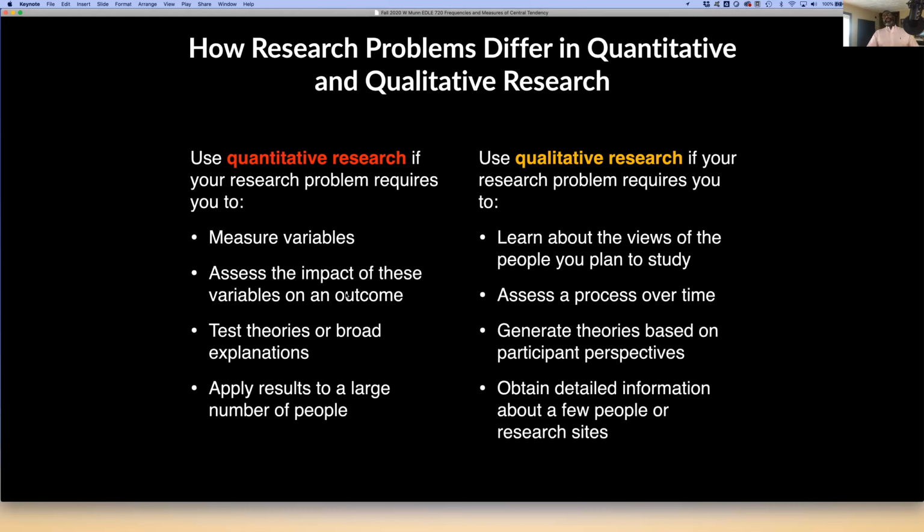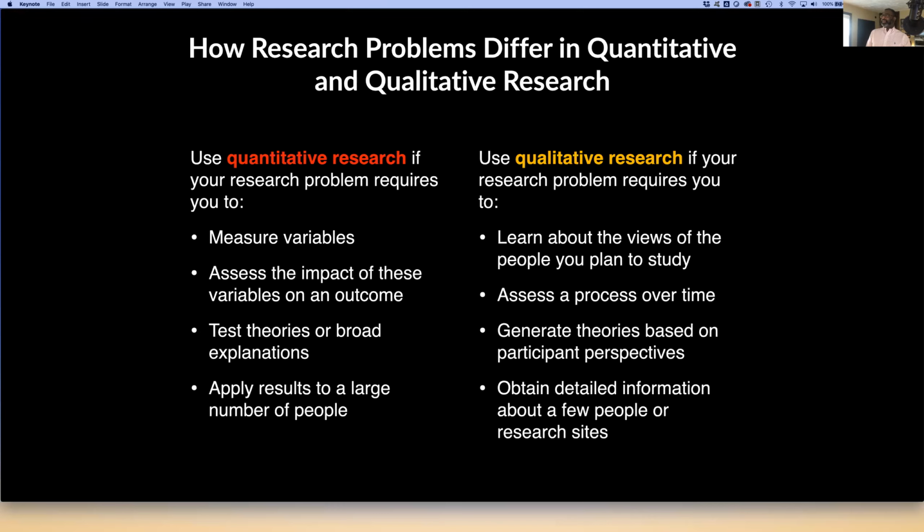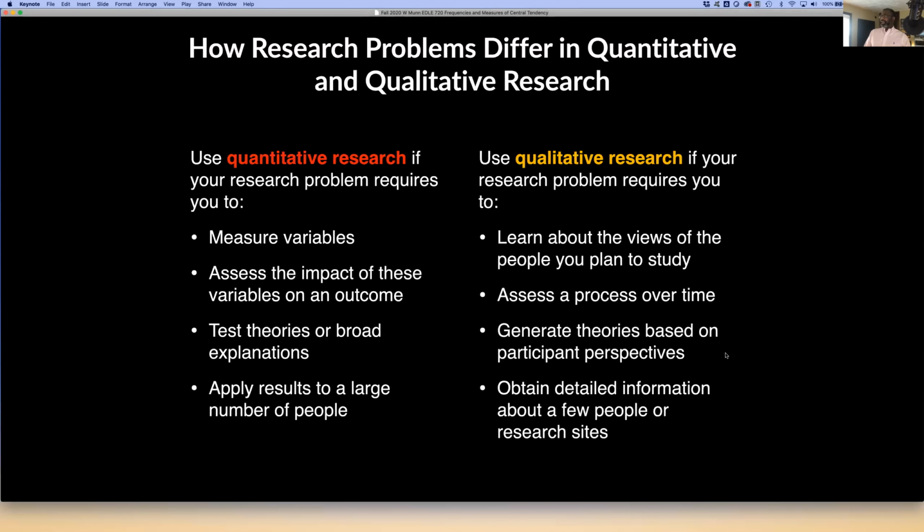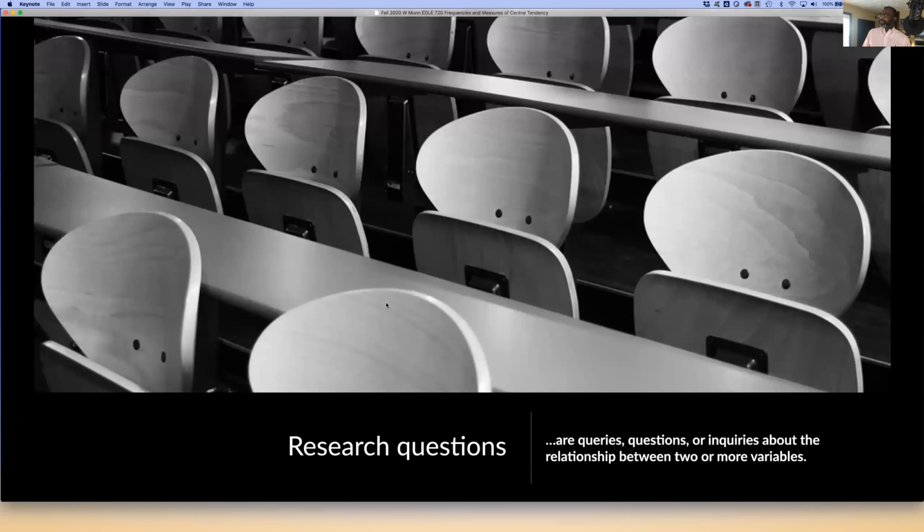You use qualitative research if your research problem requires you to learn about the views of the people that you plan to study, assess a problem over time, generate theories based on participant perspectives, and obtain detailed information about a few people or research sites. And so qualitative research is great for generating theories. Quantitative is great for testing them.